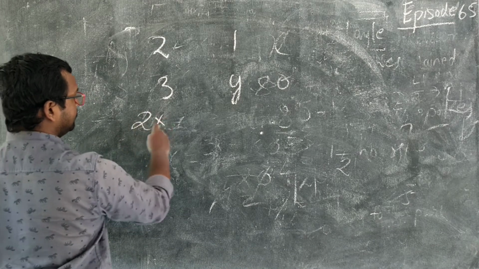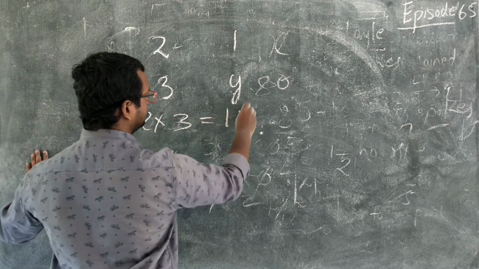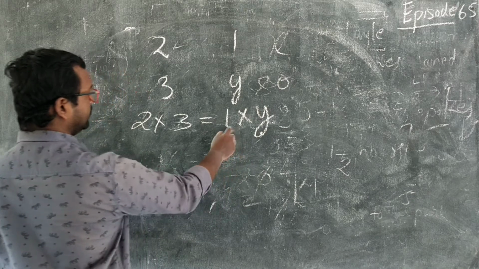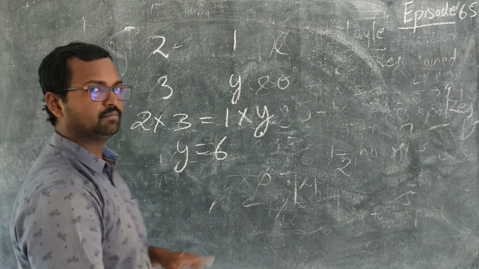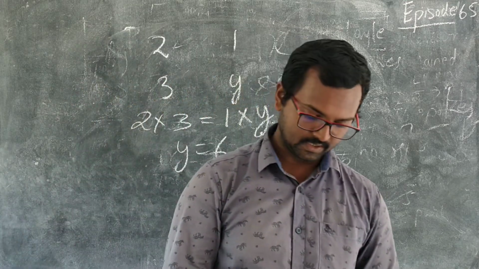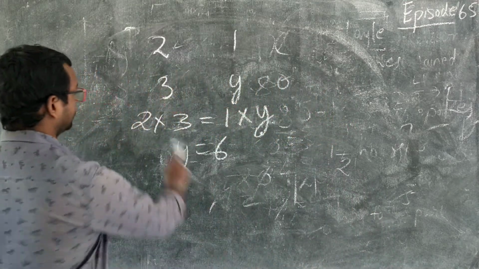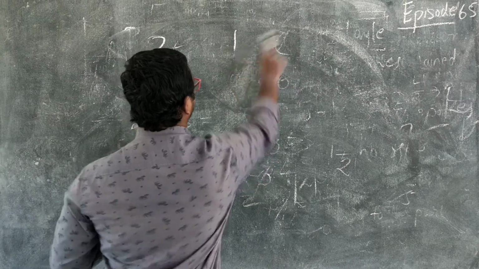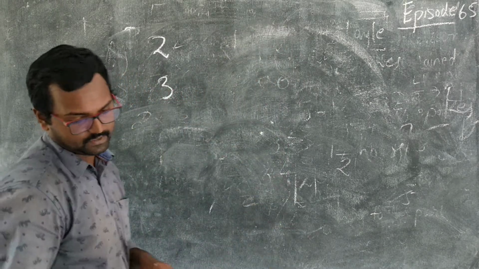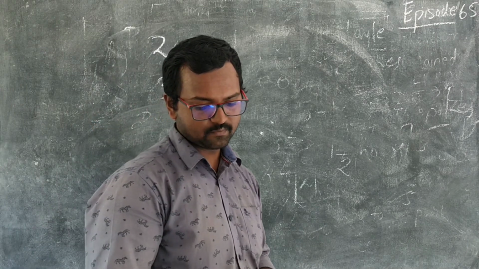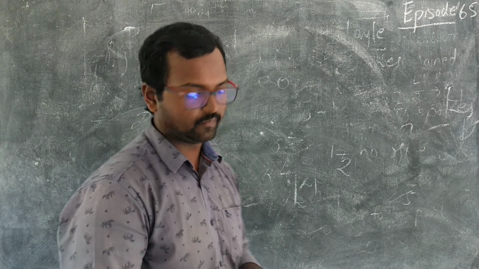Now see, let's apply the formula x1, y1, x2, y2. We know that 1 into y is y. So y is equal to 2 into 3, 6. It will take 1 person 6 days to fit the window. Now let's see the second one. How many persons would be needed to fit the window in 1 day?